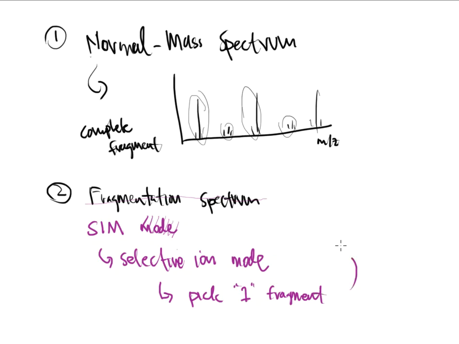I want you to go back and take a look at the PFTBA here. In that tuning file, up at the very top left-hand corner, you saw 3 fragments that it was very particular with. Those 3 fragments were analyzed using SIM, selective ion. You selectively told it, only look at these 3 fragments and that is it.